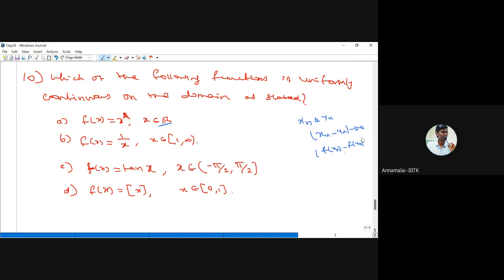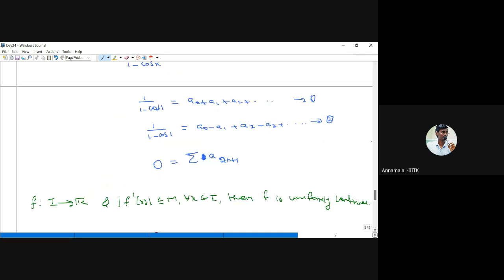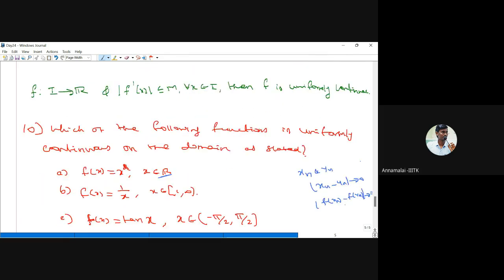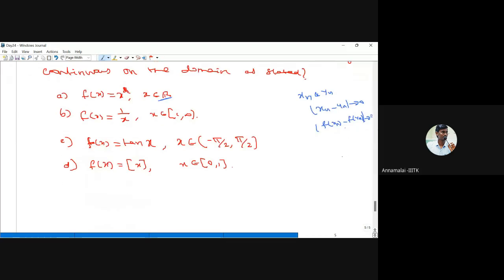We don't know whether xn and yn converge or not, but the difference converges to 0, and then f of xn minus f of yn also converges to 0. We can produce xn and yn whose difference converges to 0, but f of xn minus f of yn does not converge to 0. So can anyone give that?